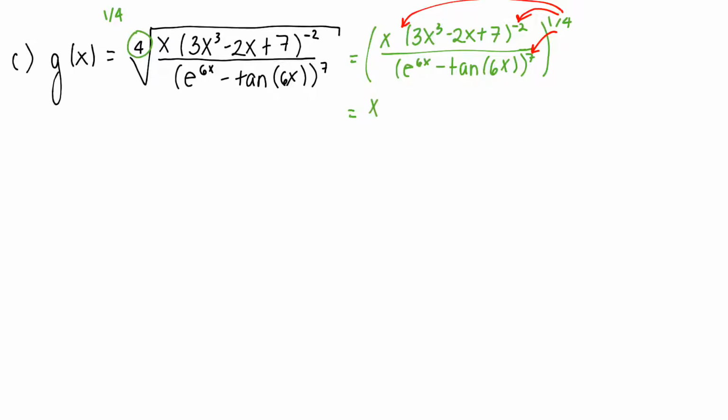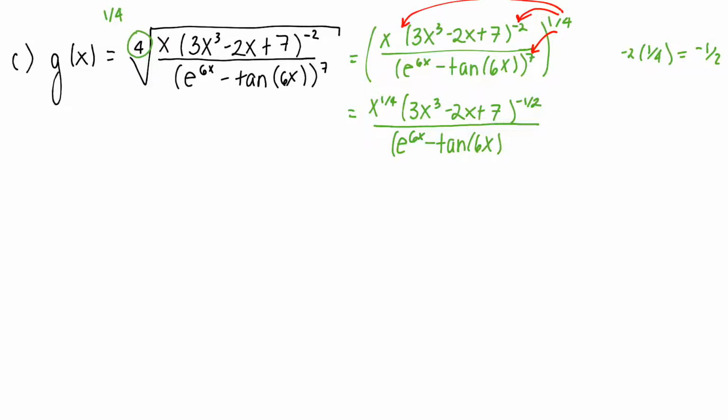So this original really is x to the 1/4, times 3x cubed minus 2x plus 7 to the negative 2 times 1/4, which is negative 1/2, all over e to the 6x minus tangent of 6x raised to the 7 times 1/4, which is 7/4.